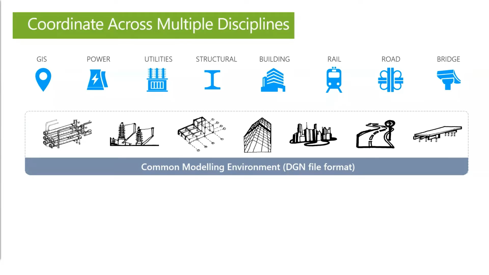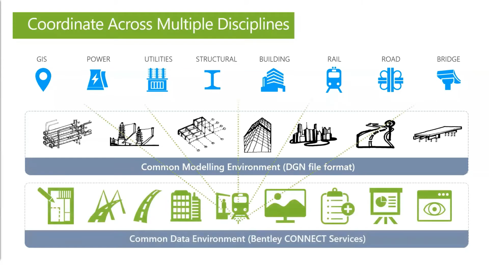In this way, you'll be able to integrate one discipline with another, and eventually, if you decide that you want to do asset management, you can bring it into our ProjectWise and AssetWise platform to do all the digital twin component of your infrastructure.